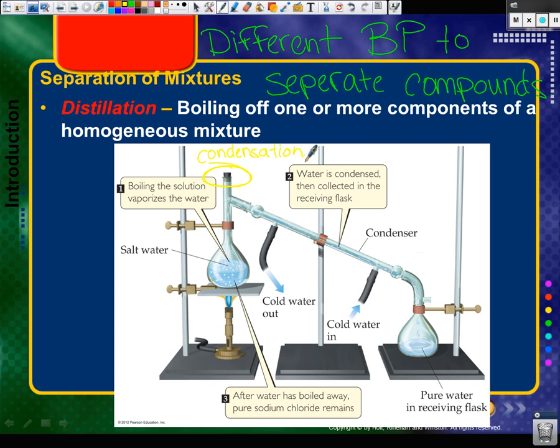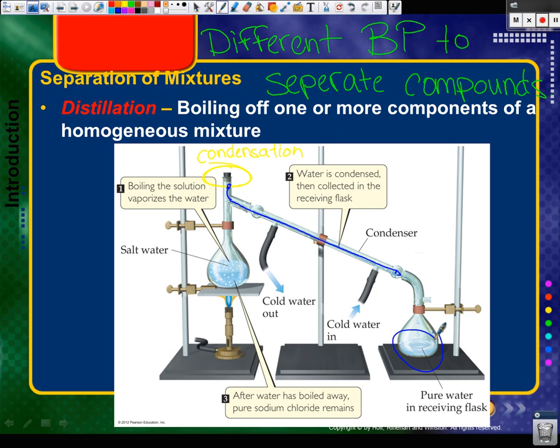Gas to a liquid. So it turns back into a liquid, and guess what these little water droplets do? They slide down this tube, and they end up in our resultant flask. So that's what we do. We boil it out, we let it condense, and then it travels down that tube, and it just drips, and we are going to be able to collect the remnant, whatever we're trying to get out.